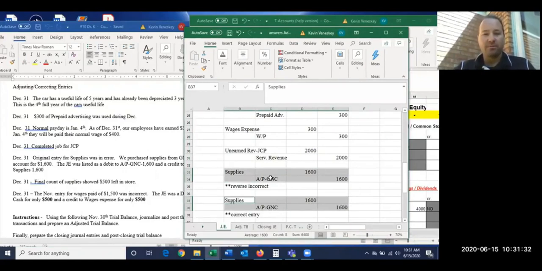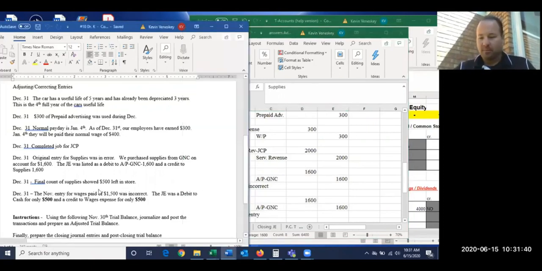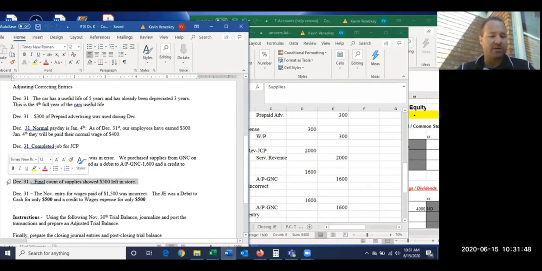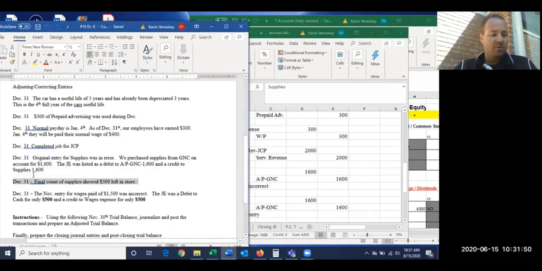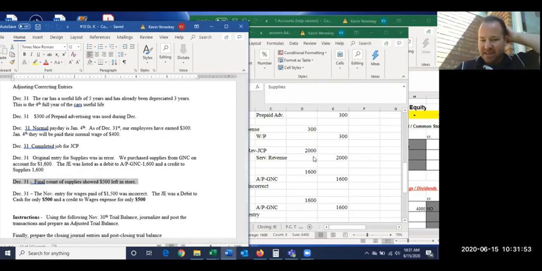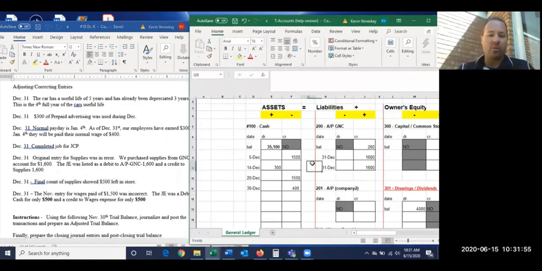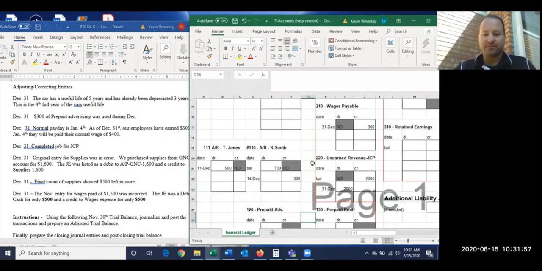Undo the wrong one, and then put in the right one. Okay, we've got 2 items left. This one is just a regular adjusting entry, nothing to correct here. But when we look at our supplies, it says we went and counted them out, and we only have $500 left.